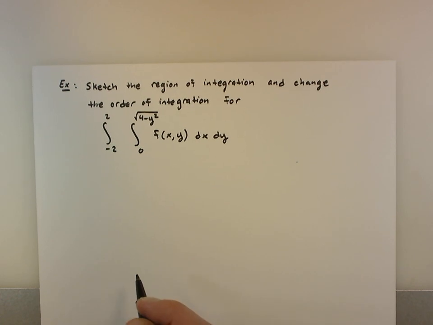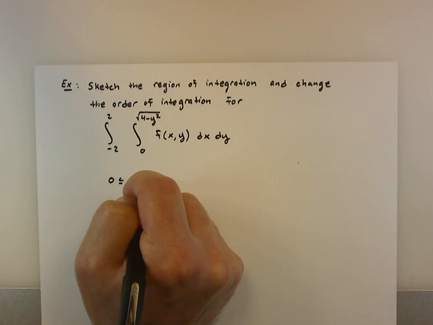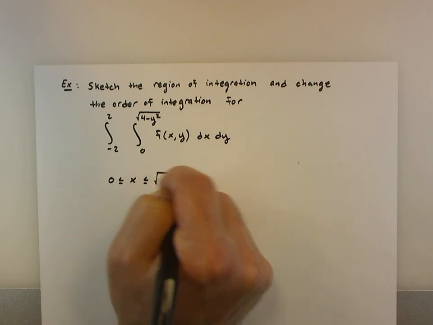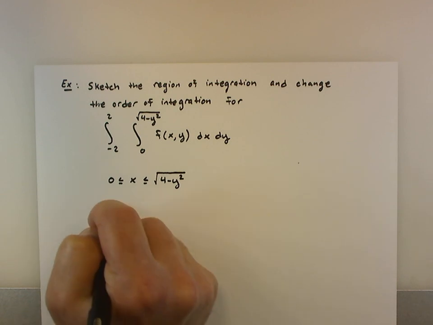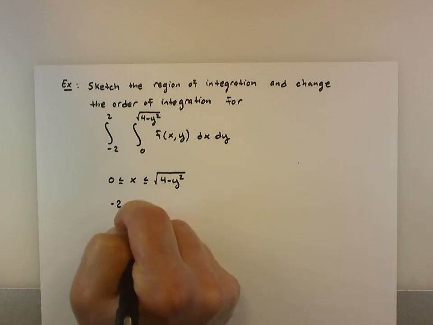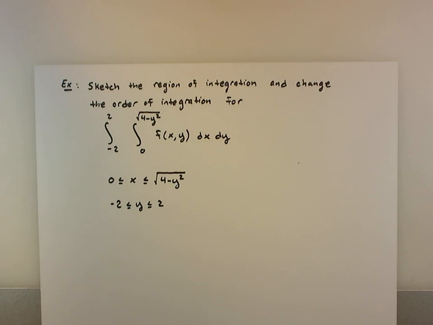So on this double integral, x goes from 0 to the square root of 4 minus y squared. And y goes from -2 to +2.